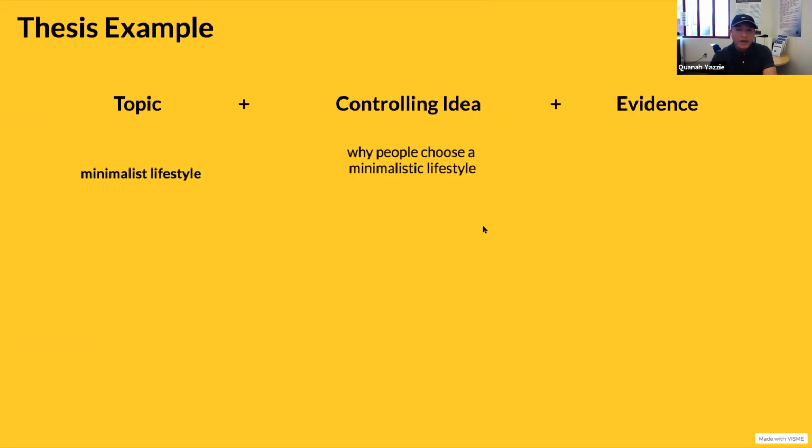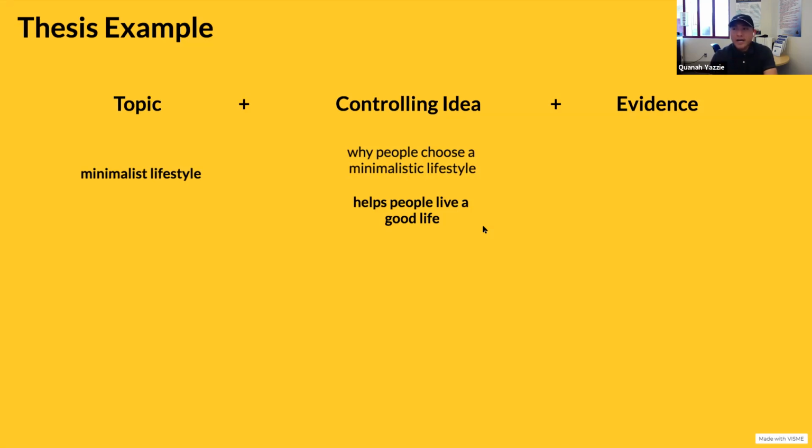Assuming I did the research and asked all those questions, this is what I want to focus on now: how does a minimalist lifestyle help people live a good life? That's our main controlling idea now, and our new narrow topic.